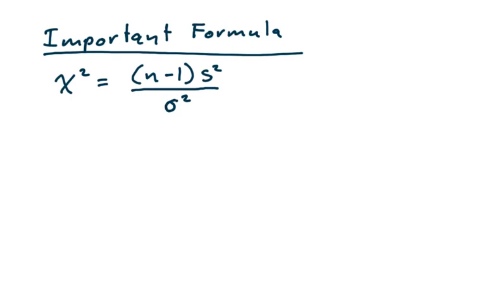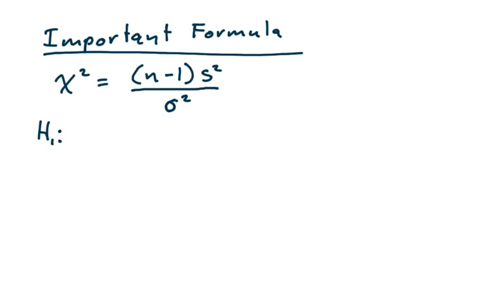So we're going to do an example in just a second, but let's just go ahead and go through the various different possibilities for what our alternative hypothesis might be.